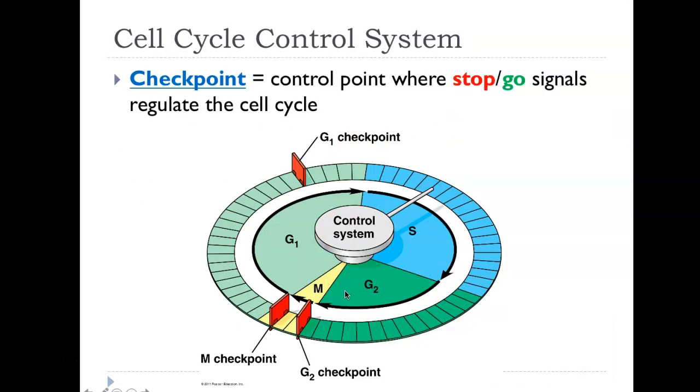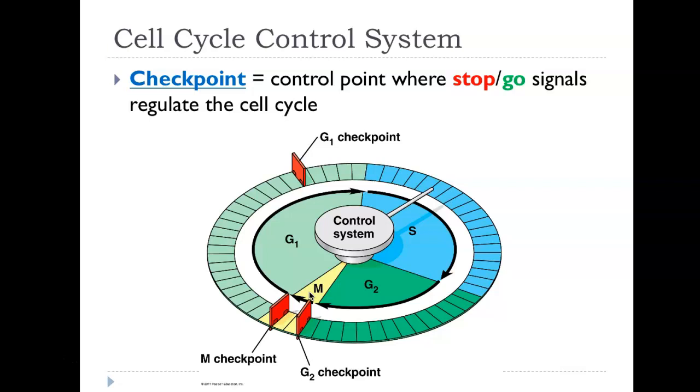Okay, we need to talk about checkpoints and the regulation of the cell cycle. Regulation of the cell cycle, I'm on page 117. So during the whole cell cycle, not just mitosis, now I'm going back to interphase, which includes G1, S, G2, and mitosis, there are checkpoints where there are stop and go signals that regulate the cell cycle.